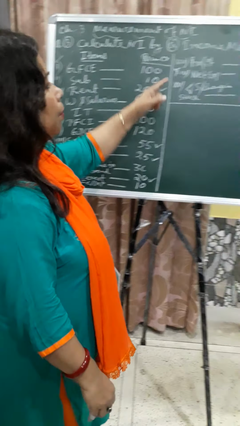So there are 15 items given here. With the help of these 15 items you have to calculate national income by income and expenditure method.